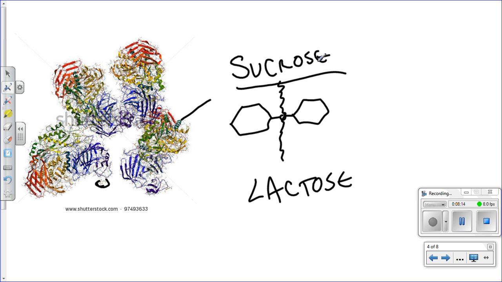So even though sucrose and lactose have the same exact molecular formula, C12H22O11, they can't be broken by the same enzyme because they're slightly different. They're isomers of each other. You might be asking yourself, well, why isn't it the C doubled? Why didn't the H double and the O double like we would think? Well, remember that when we form disaccharides, we have to do a dehydration reaction, pulling water out.